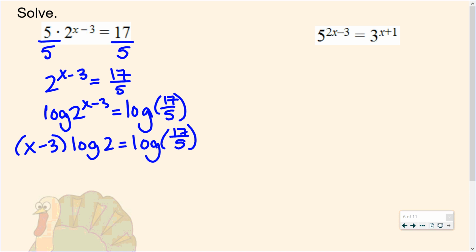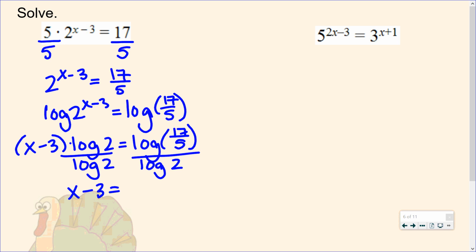So option 1 is you can distribute the log through. I would just get rid of it. Instead of multiplying by the parentheses, I would just divide both sides by log 2. So then you have x minus 3 equals, and now that is what you're going to put in your calculator. Log of 17/5 over log of 2. And let's round to 3 decimal places. Obviously, the less you round, the better.